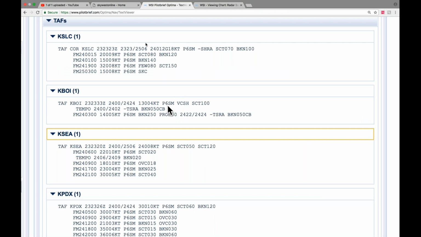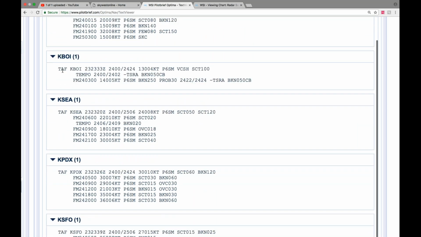We'll learn how to read a TAF, and then we'll start talking about legal to go, and then we'll go into do I need an alternate? Okay. So that being said, who wants to read Boise here?